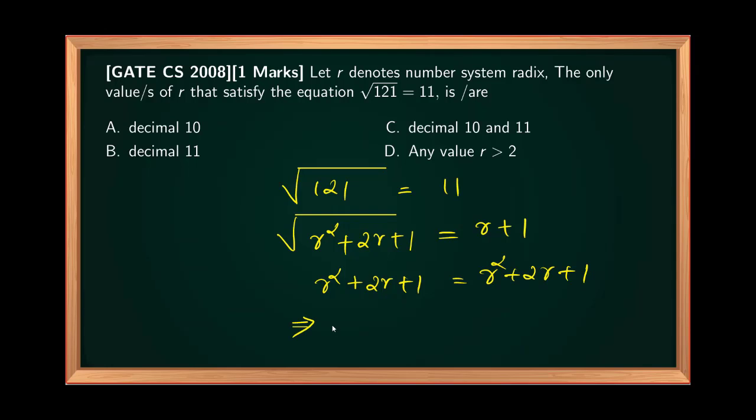This satisfies all values of r equal to 0, 1, 2, 3, 4, etc. But the base cannot be 0 and base cannot be 1, and I have used a 2 here, so base cannot be 2. So right choice is base can be any value 3, 4, 5, 6, etc. So right choice is any value of r that is greater than 2.